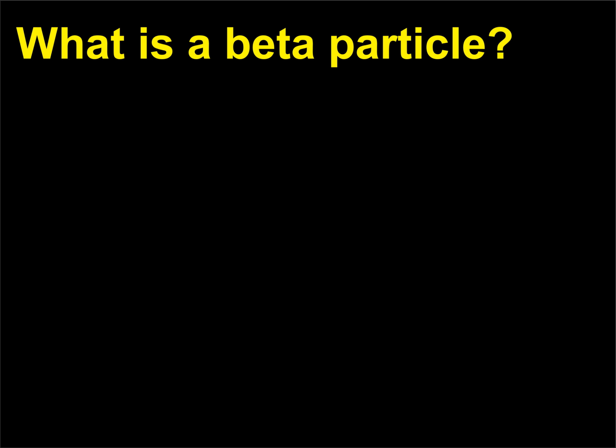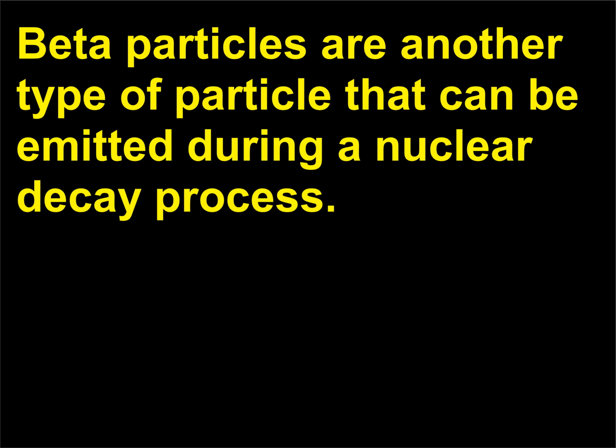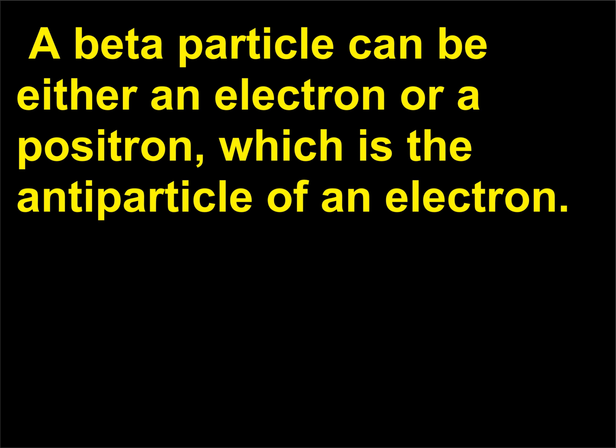What is a beta particle? Beta particles are another type of particle that can be emitted during a nuclear decay process. A beta particle can be either an electron or a positron, which is the antiparticle of an electron.